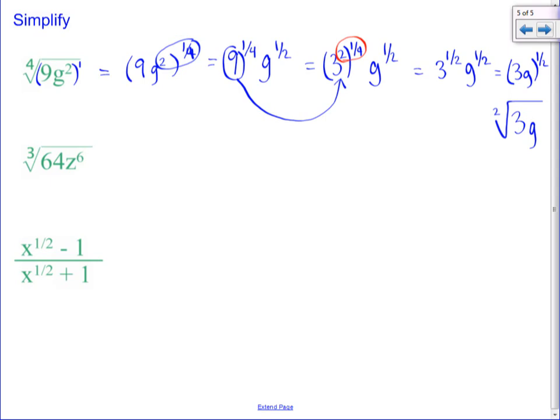Okay, so if we look at this and we change it to 64z to the 6th, what would it be raised to? 1/3. So now we're going to raise both of them to the 1/3 power.